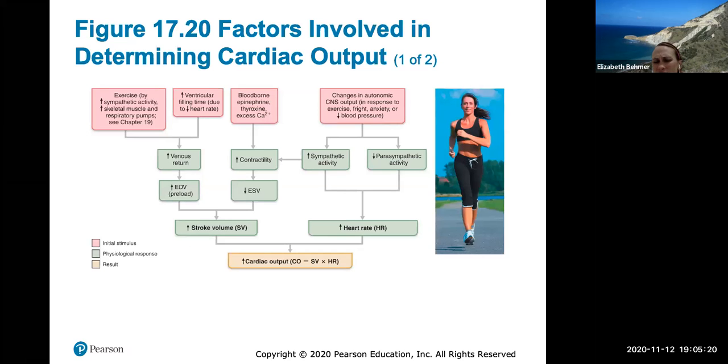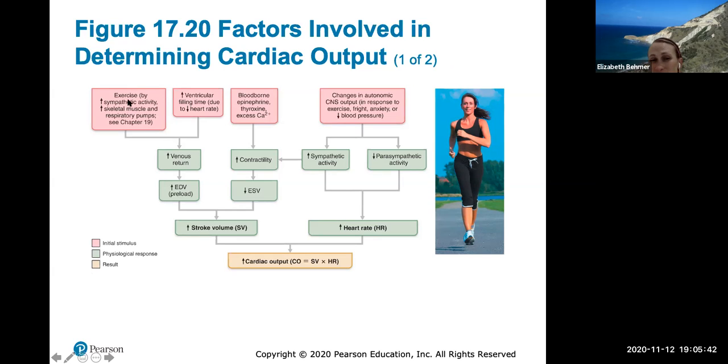And this is just a good graph, separating out what will affect stroke volume and what will affect heart rate. And again, just something good to understand. You don't have to understand it if this is causing you to get really confused. Just look here up at the pink boxes.